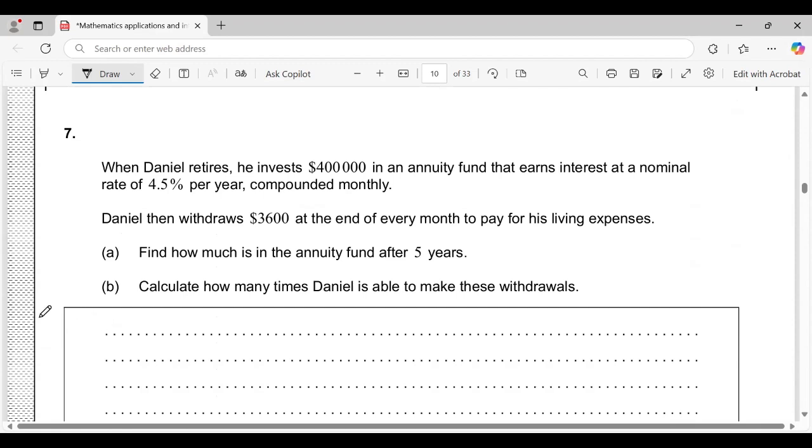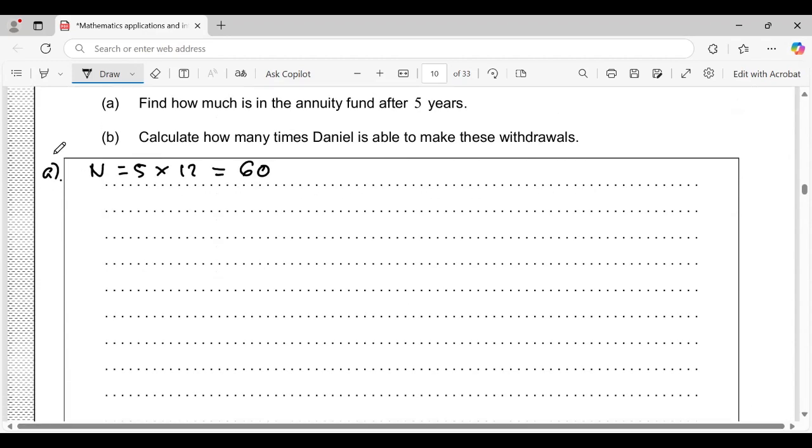After 5 years, it means N equals 5 times 12, so N equals 60. We will use the formula FV equals PV times (1 plus I divided by 100 PY) to the power N, minus PMT times ((1 plus I over 100 PY) to the power N minus 1) divided by I over 100 PY.